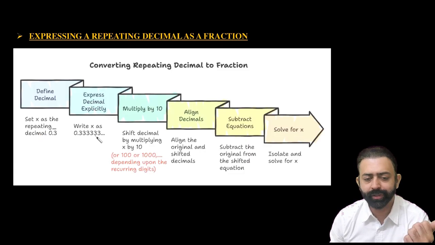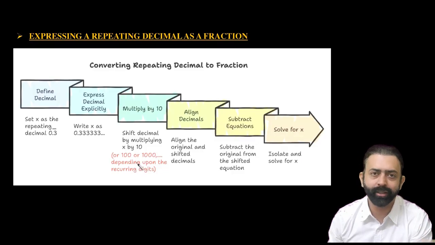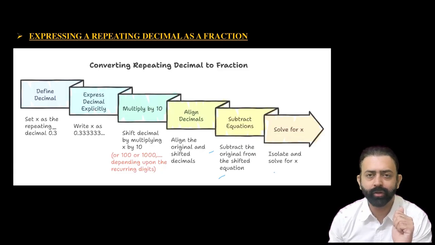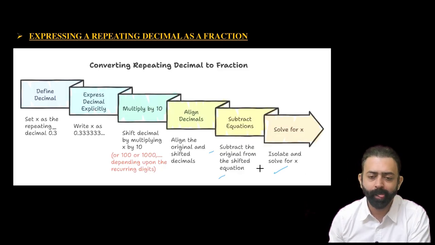Write x as 0.333 like this. Shift decimal by multiplying by 10, or in the bracket it says that we will multiply by 100 or 1000 depending upon the number of recurring digits. Okay. Then align the original and shifted decimals, and then subtract the original from the shifted equation. You will isolate and solve for x. Okay, so these are the steps that we follow while solving these types of questions.